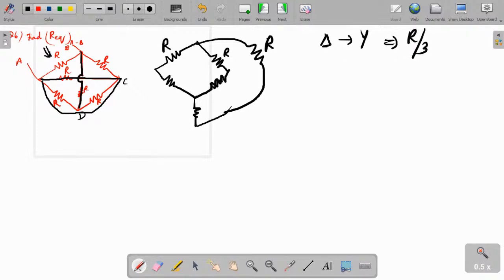If you have equal resistances connected in delta, then the equivalent star network resistance will be divided by 3. So idhu oru R by 3, idhu oru R by 3, idhu oru R by 3.